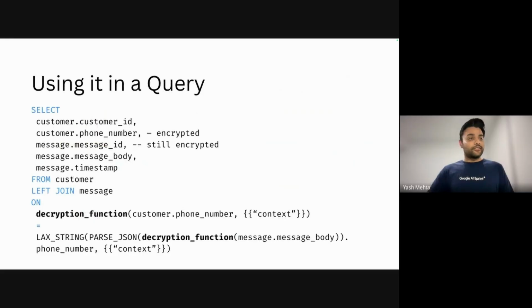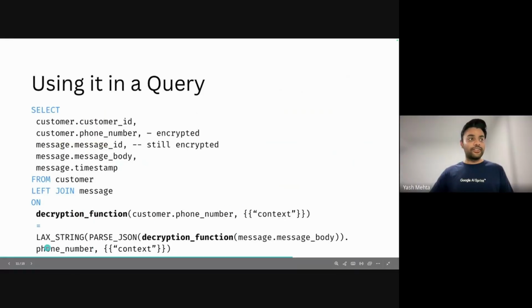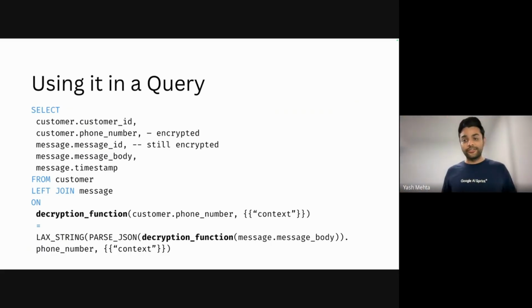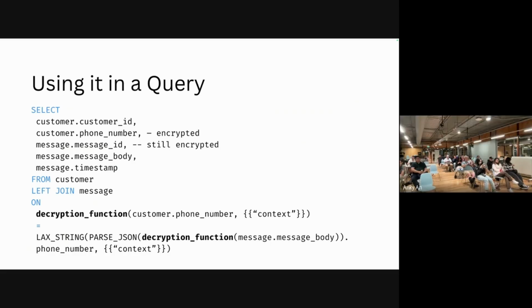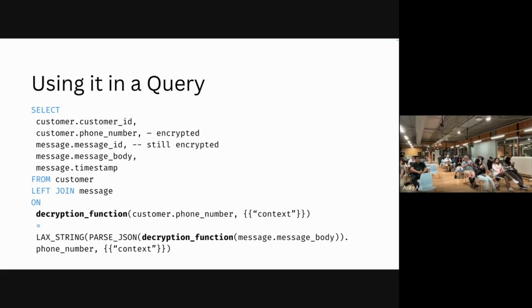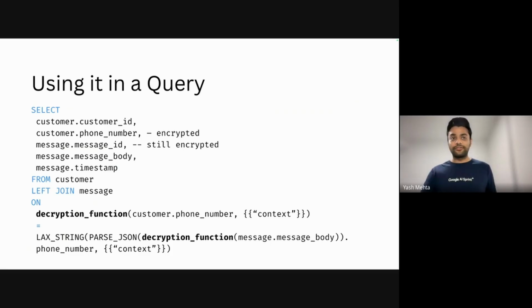Because you haven't pre-filtered your data, BigQuery would pass the entire records from 2021 to 2025. All of them would be used for your join processing, and that would use up a lot of compute. So the better approach is just to pre-filter your data here and then pass it on to the decryption function. And that would save a lot of cost.